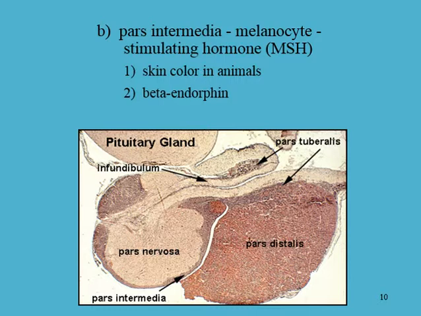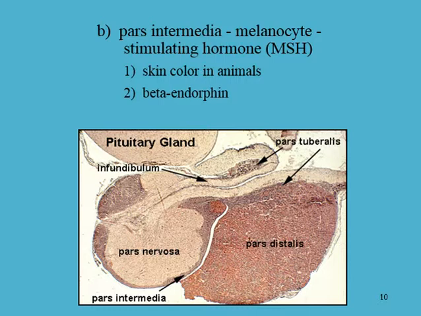MSH does have a linkage to suppressing hunger in humans. That is interesting. It's released as really a prohormone, and when this prohormone is split, think of a longer protein, when that is split, we get the MSH, and we also get beta endorphin.